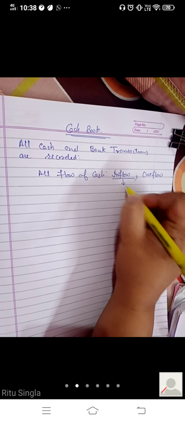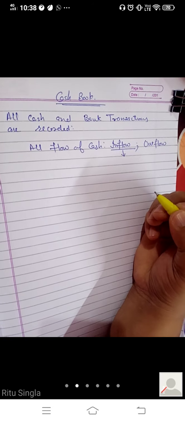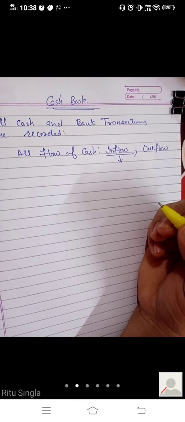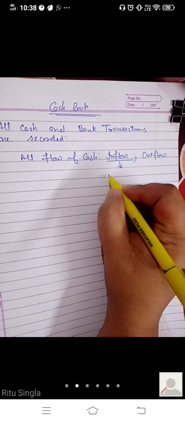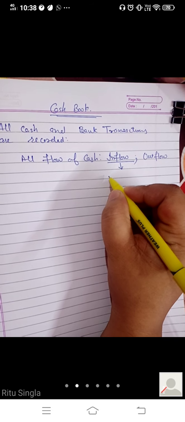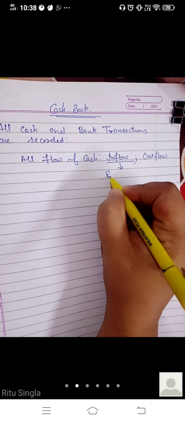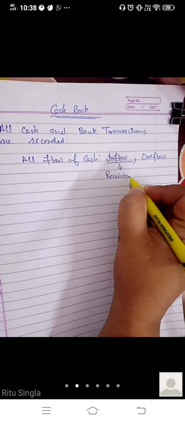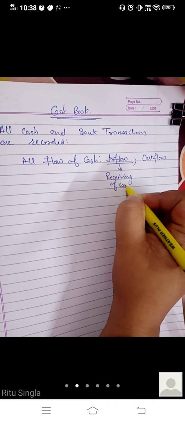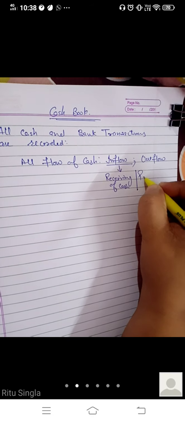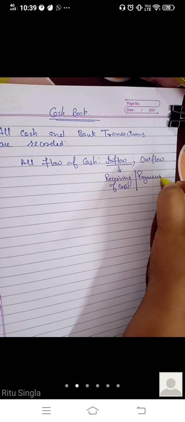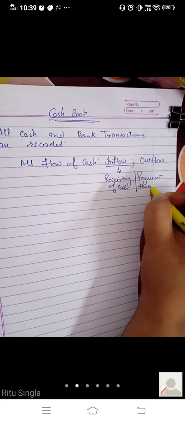Inflow of cash means, receiving of cash. And outflow, payment through cash.